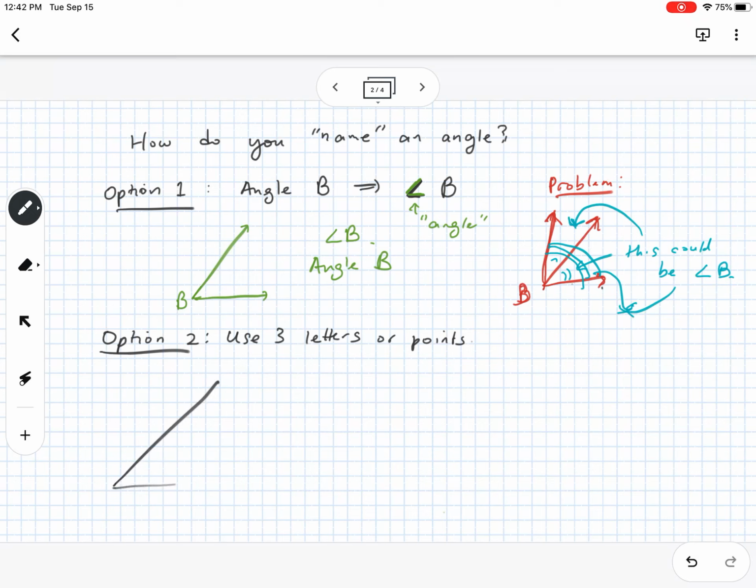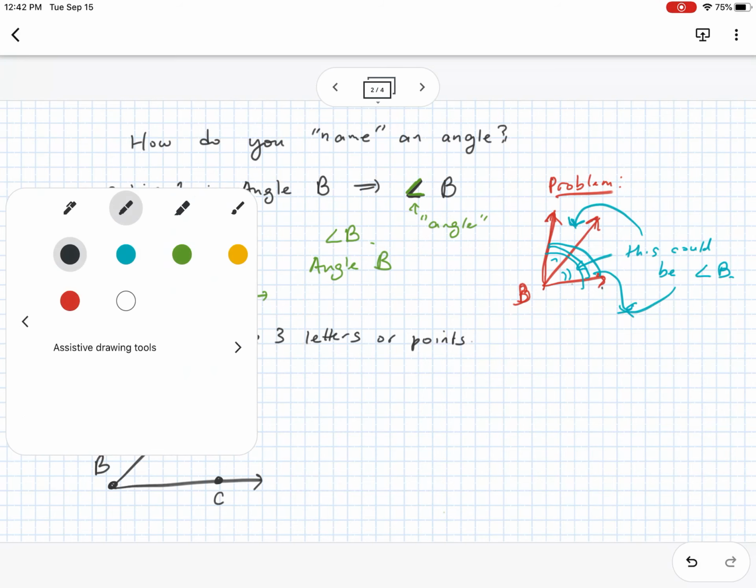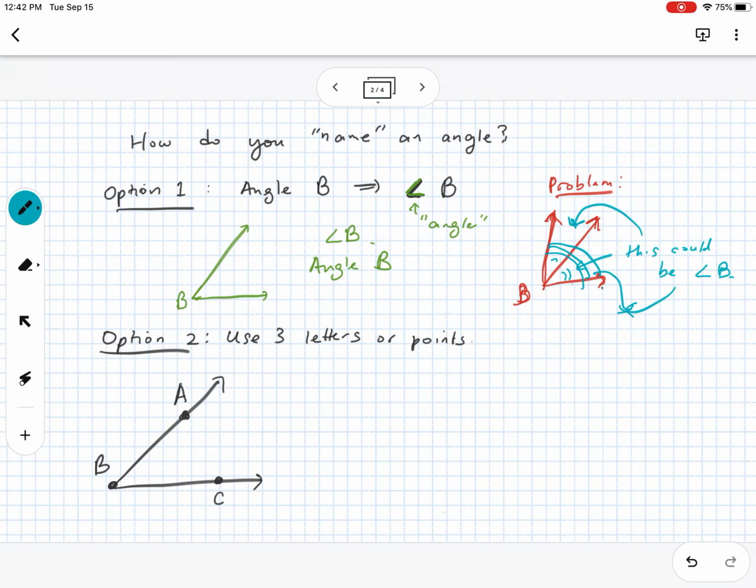If I can give us an example here, if we are given something like this, and notice we have some points here, points A, B, and C. There are a few options that I want to present to you, and then I want to see if you can name it.